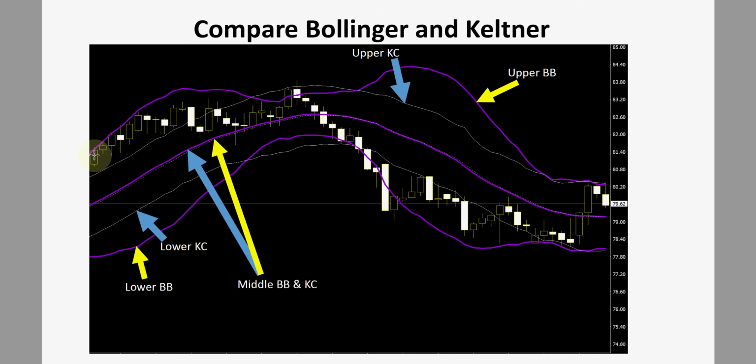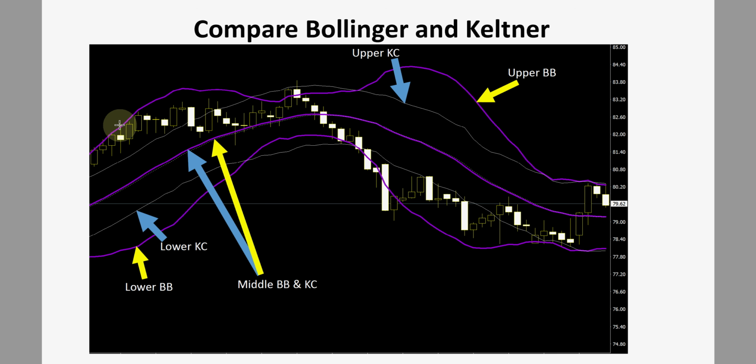You can see that Keltner Channel is smooth, whereas the other one is a bit choppy, right? So Bollinger Band itself is reacting wider.